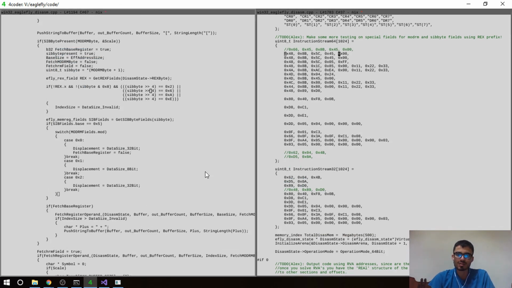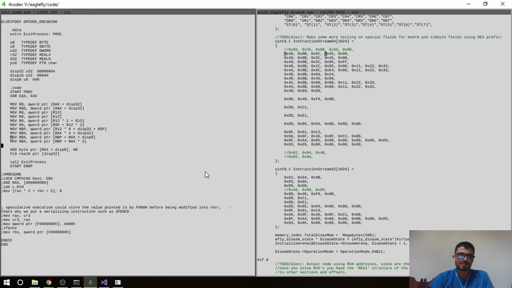If we put this as a 49, then this instruction has changed. So if we say, well, in Disassembly, instead of doing REX times 2, I want on the base R13.